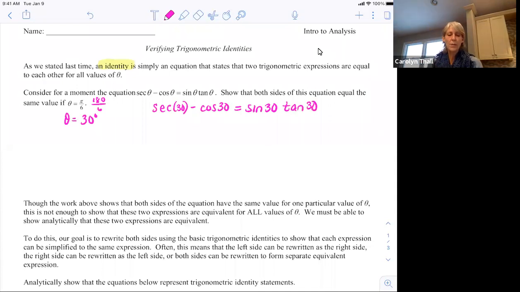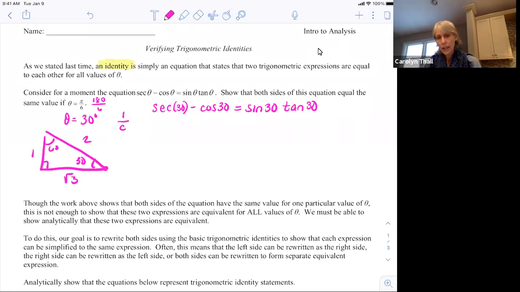So we want to set up the function values for all of these trig functions here. We're going to take our 30, 60, 90-degree triangle and put our ratios in. The secant of 30, if you remember, is 1 over cosine.